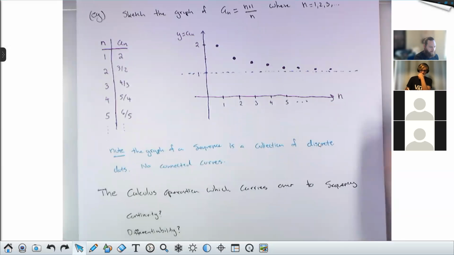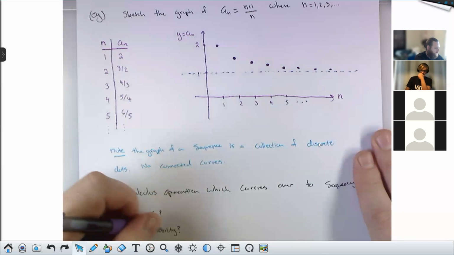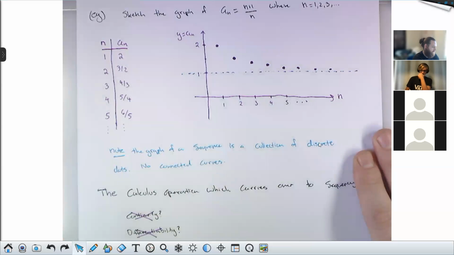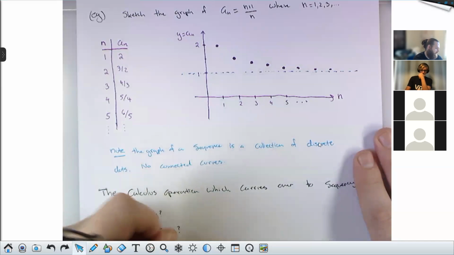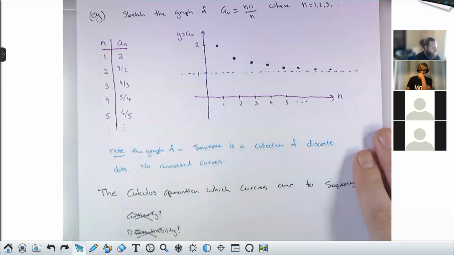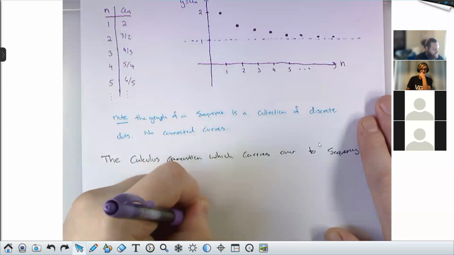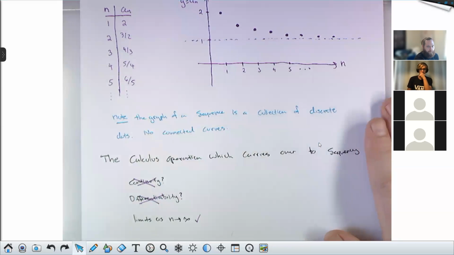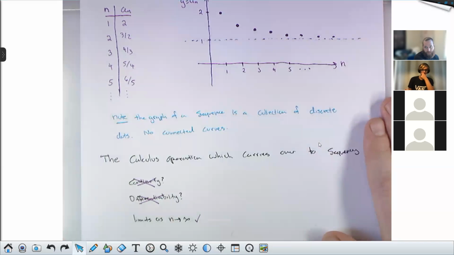And these are both big ol' no's. Can't do anything about continuity, can't do anything about derivatives. Limits as n goes to infinity. These are what we're going to do. Can't talk about continuity because I can't take a limit anywhere else. Can't talk about differentiability because not continuous. Turns out there's one other one.